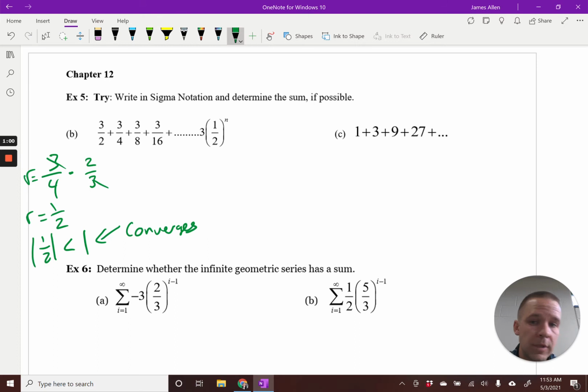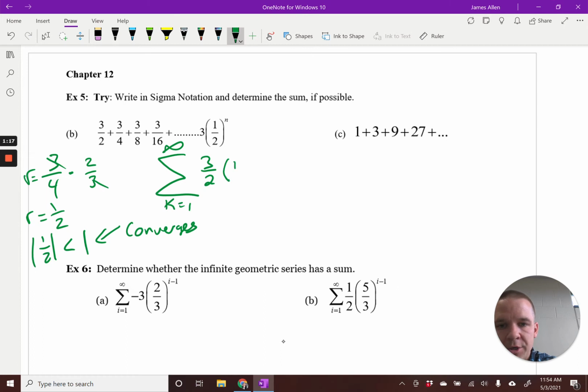All right. So we can write this in sigma notation. If I've got k equals 1 all the way to infinity, it just keeps on going. My first term is 3/2 multiplied by my common ratio of 1/2 raised to the k minus 1.